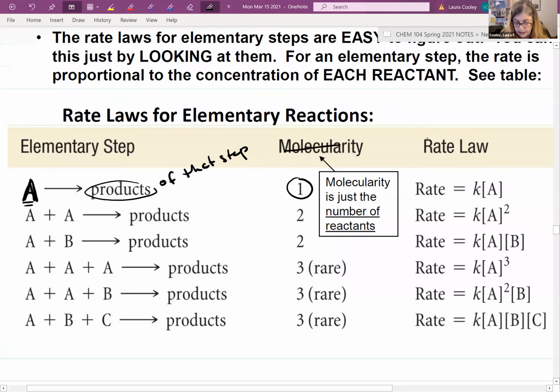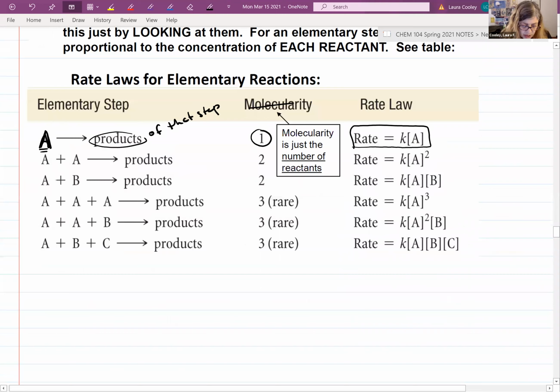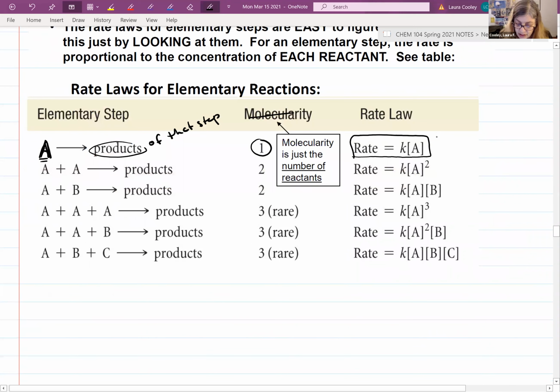I don't care if you know what molecularity means. The rate for that step, because it only involves A, is proportional to A. It's first order in A. Okay, so if you just have A doing something, it's first order in A, as long as that's an elementary step that cannot be broken down any simpler.